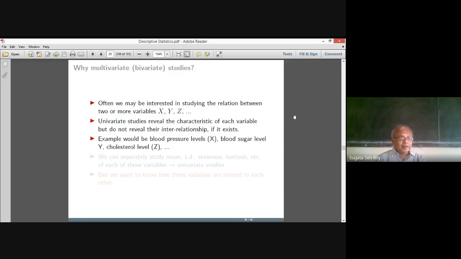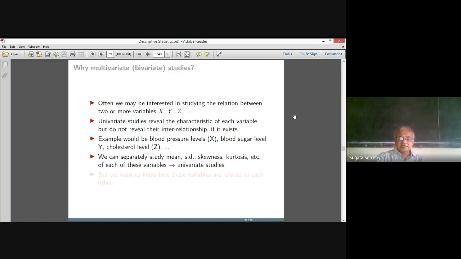But what I am now interested in is to see if there is a relation between the blood pressure level and the blood sugar level, or a relation between sugar levels and cholesterol levels. So now I want to find out the relationship between different variables. Again, I can do the studies for individual variables as before, individually for each of these variables.